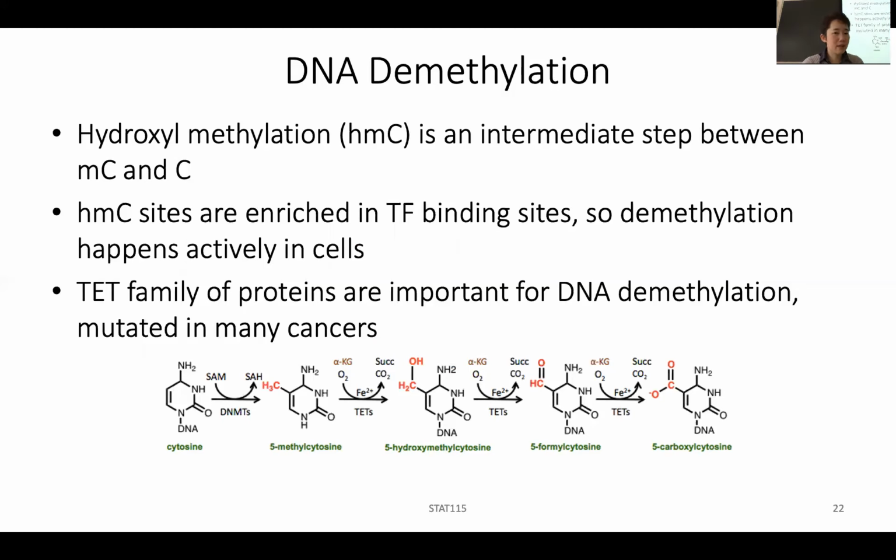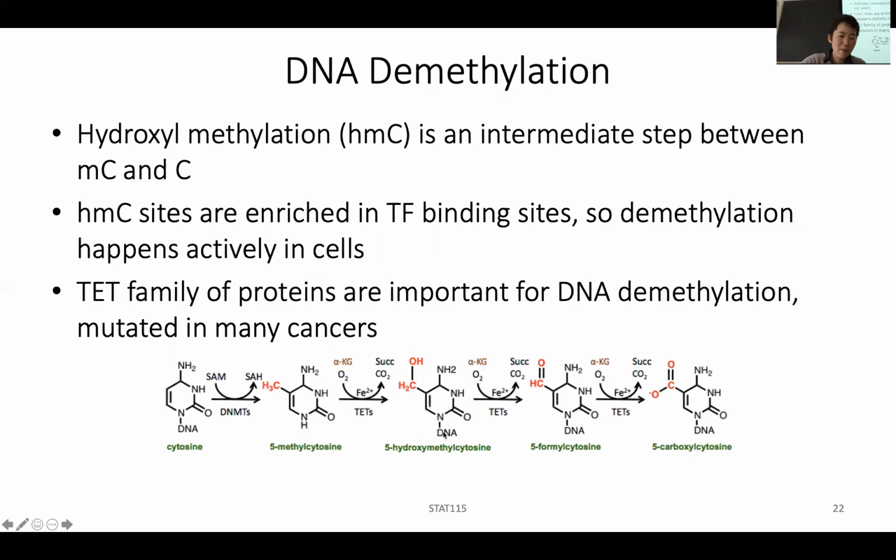There are a few labs that can do this type of experiment, and once they map the hydroxymethyl C, remember this is only about 1% of all the CGs in your genome, a tiny percent that is hydroxymethylated. So hydroxymethyl C is already less than the 5-methylcytosine, and formyl C and carboxy C are even lower in terms of abundance.